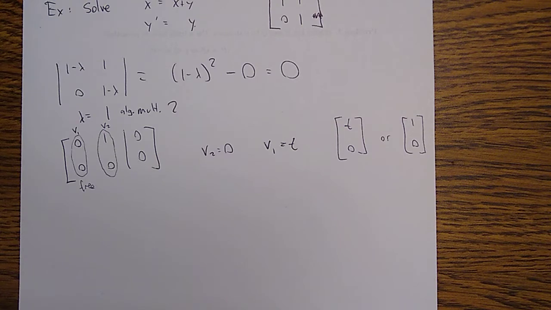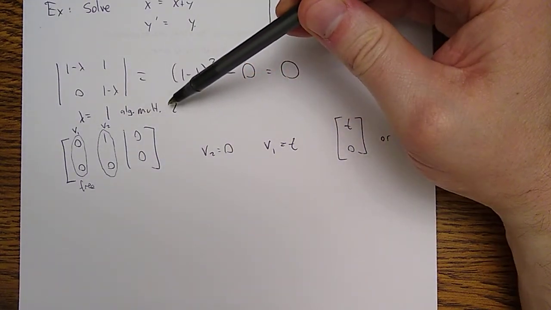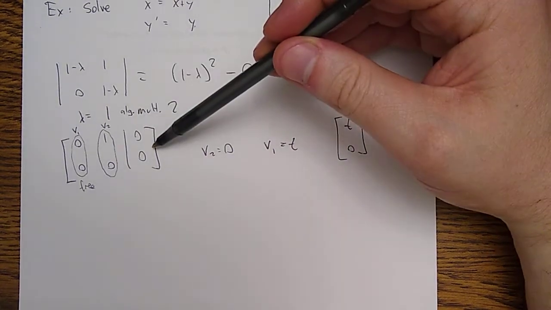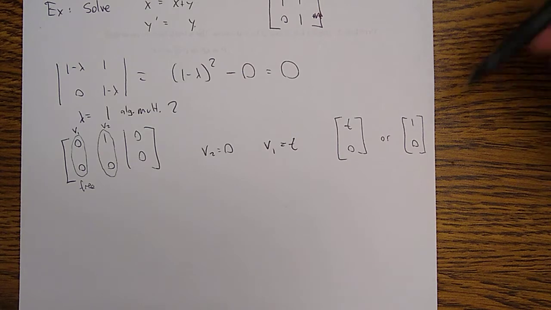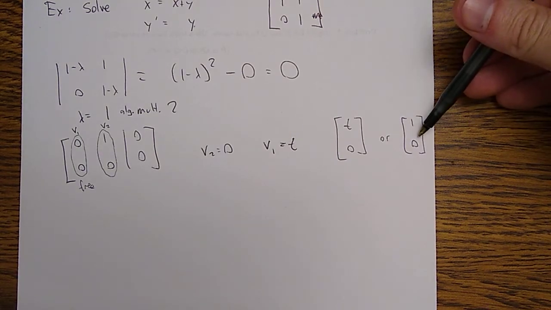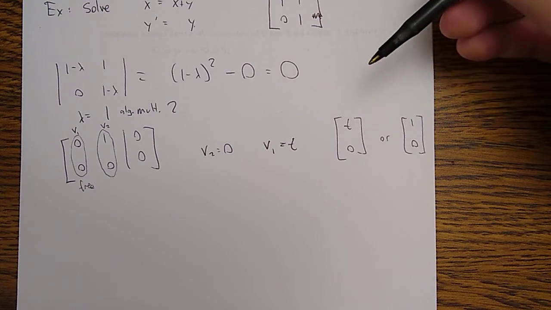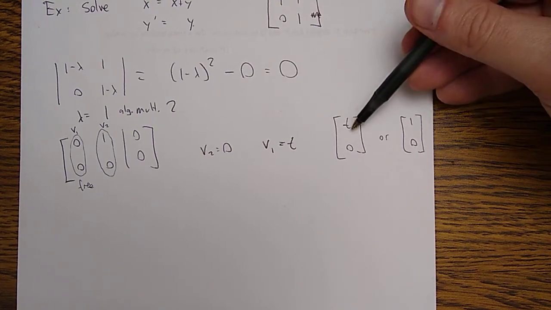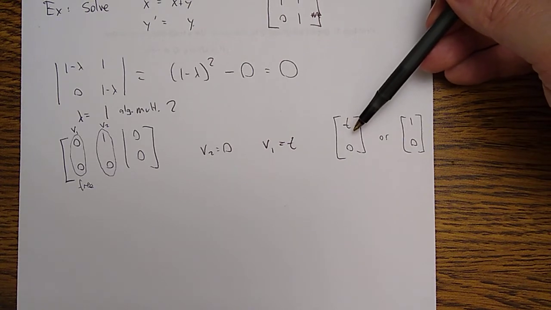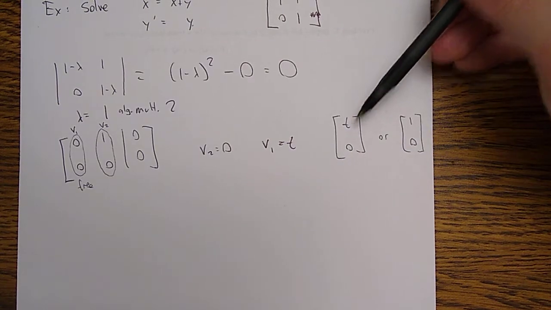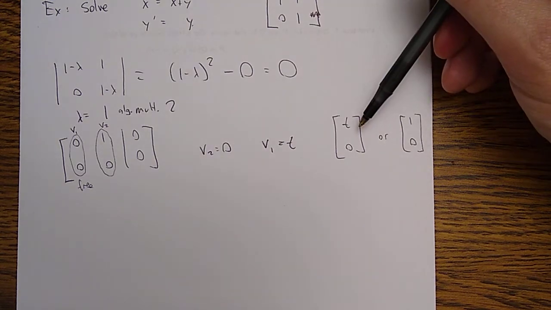But look what happened. Lambda had an algebraic multiplicity of 2, and then when we found the associated eigenspace, we found a one-dimensional eigenspace. This is just a single vector. Roughly speaking, what we should see for a two-dimensional eigenspace is that we parametrize it in terms of s and t. There should be 2 free variables, not just 1. The number of free variables is the dimension of the eigenspace.